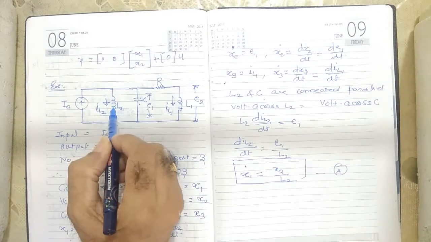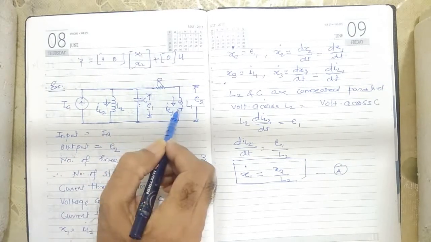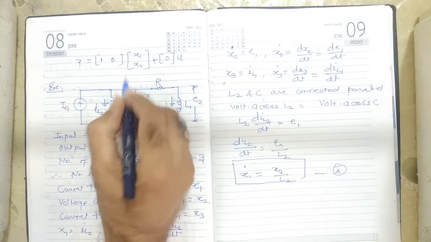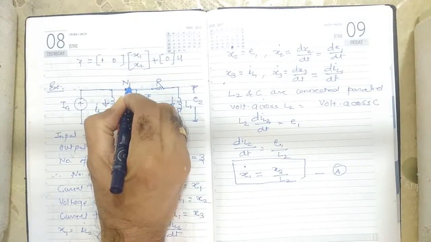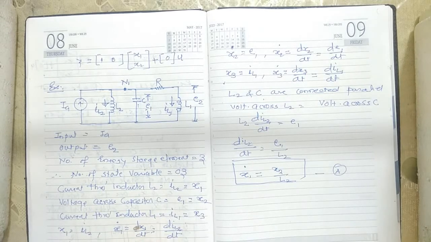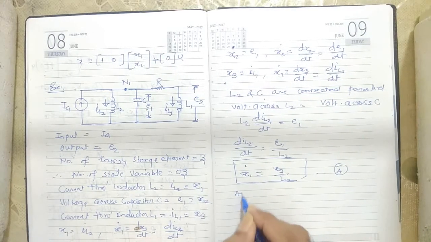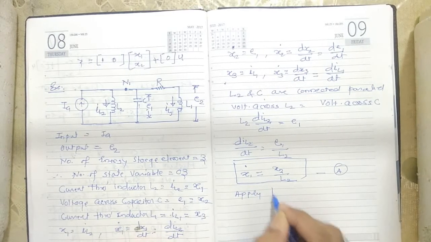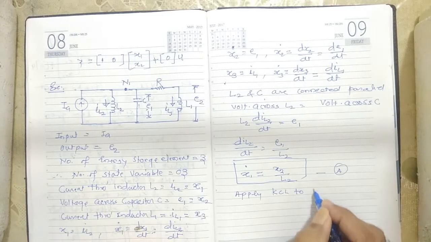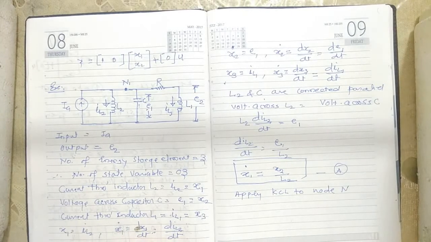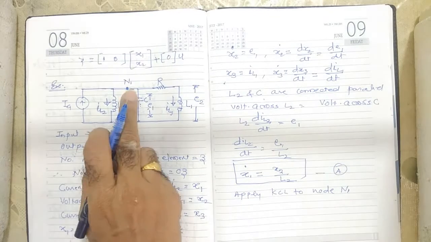Now see here, this L2, this C and this series combination are connected in parallel. Here we will assume the node N1 and apply KCL to node N1.